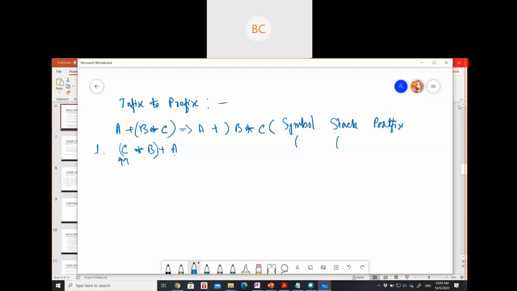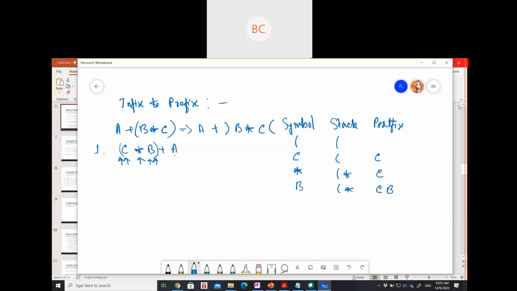Next symbol is C, and we will put it in our postfix expression. Next symbol is a multiplication. Correct? So we will push it onto our stack. Postfix remains same. Next we have the symbol B.